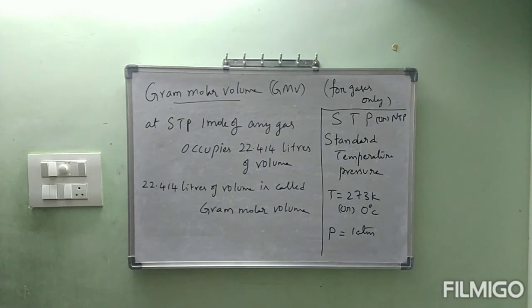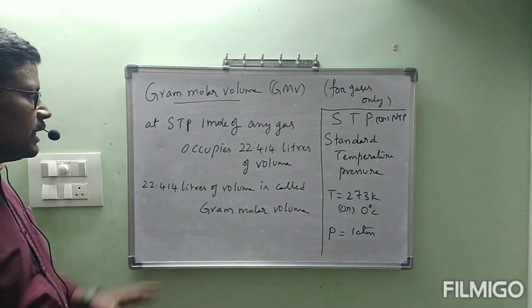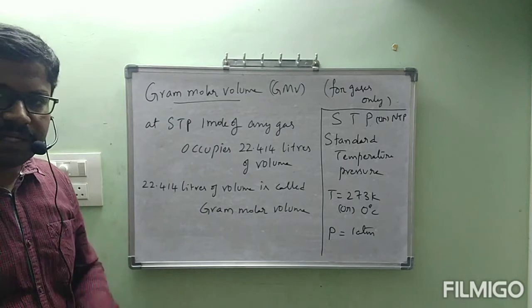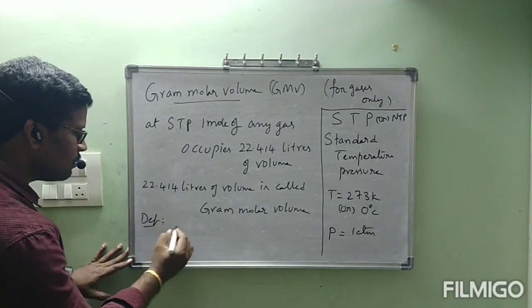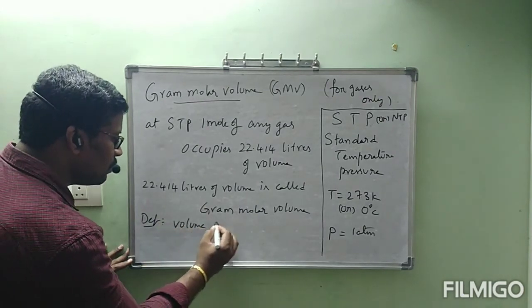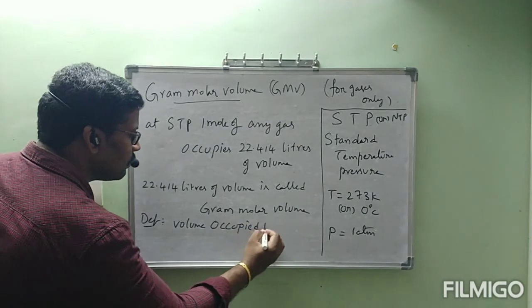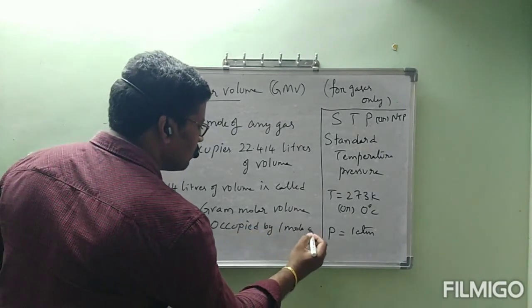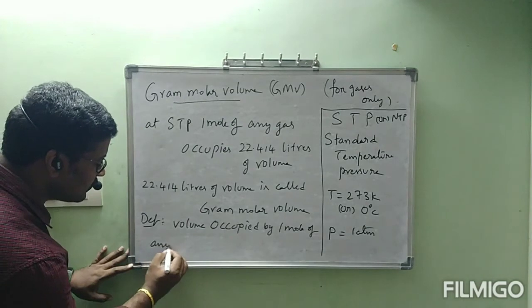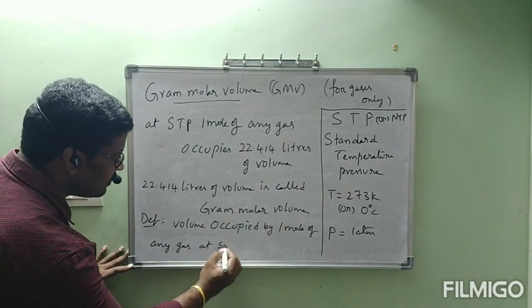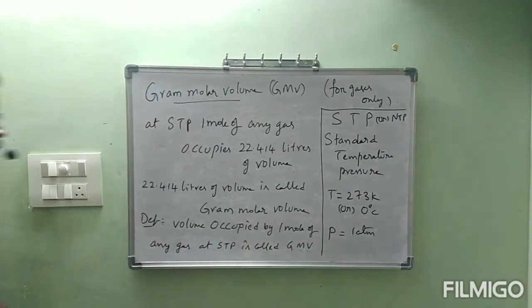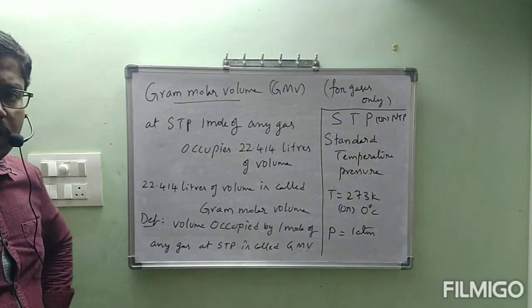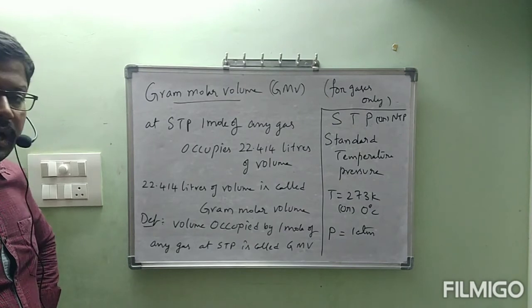Okay, now you can write like this, but definition wise, the definition is: volume occupied by 1 mole of any gas at STP is called gram molar volume. Once again, what is the definition? Volume occupied by 1 mole of any gas at STP is called gram molar volume.